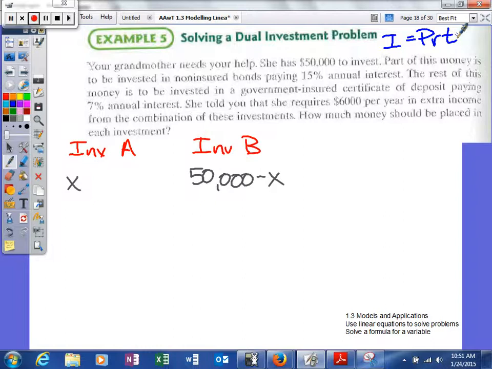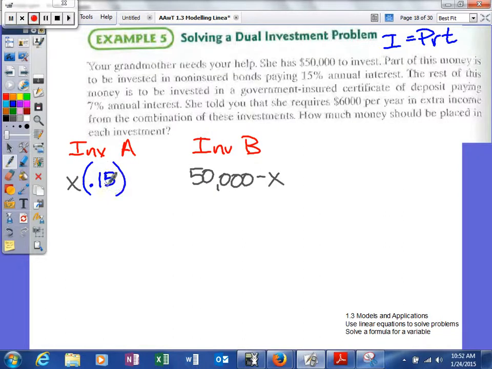So we're going to take our principal. Our principal is the amount of money we're investing. In this case, investment A, it's X. In investment B, it's $50,000 minus X. Now our rate, as you can see, one pays 15% and the other pays 7%. Anytime in a problem, you're going to have to write that as a decimal.